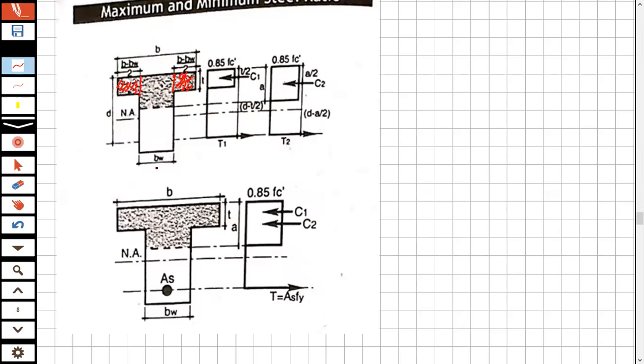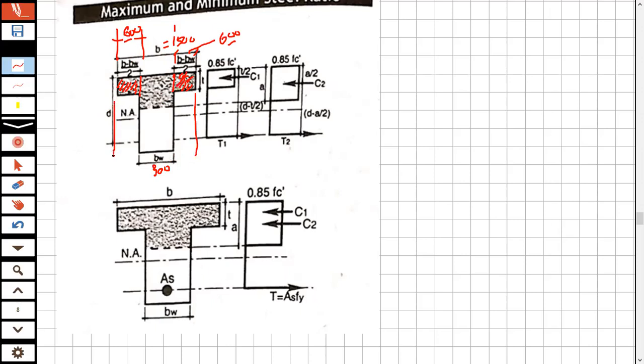So kung halimbawa, your BW is 300, and then your B is, let's say, 1,500. So 1,500 minus 300 is 1,200. Hatiin mo to sa dalawa. So this one will become 600, the other one here is also 600. And to check, you have 600 plus 600 is 1,200 plus 300 is 1,500.